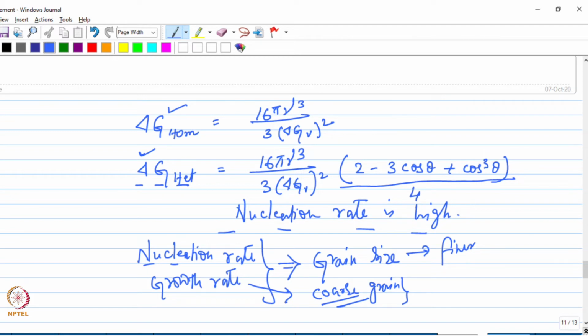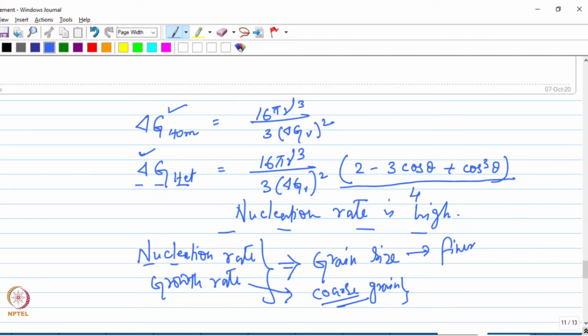Now the question would be how to create these heterogeneous sites. You do not know what is there in the liquid metal. It is all melted now, everything is in the liquid state, so we do not know what is inside. But at the same time, we have to make sure that we have certain things which can act as preferential nucleation sites.